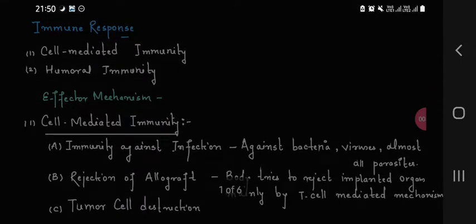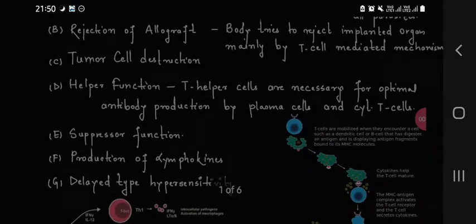Immune response: cell mediated immunity and humoral response, effector mechanism. Cell mediated immunity gives immunity against infection, against bacteria, viruses, almost all parasites, rejection of allograft (the body tries to reject implanted organs mainly by T cell mediated mechanism), and tumor cell destruction.